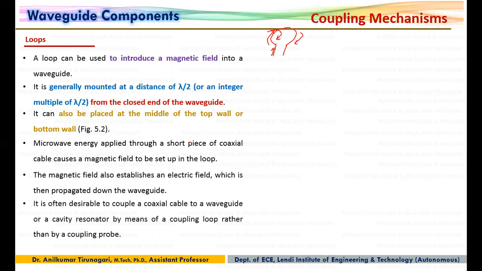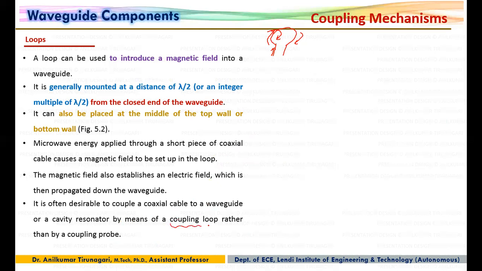Desirable coupling. What is the desirable coupling? Desirable coupling means the efficient coupling, in other words. For a waveguide or a cavity resonator, if you want to couple in an effective way, compared to probe coupling, it is often desirable to couple a coaxial cable to a waveguide or a cavity resonator by means of a coupling loop.